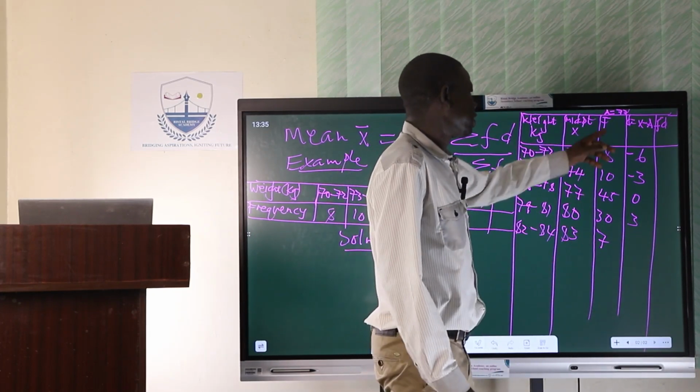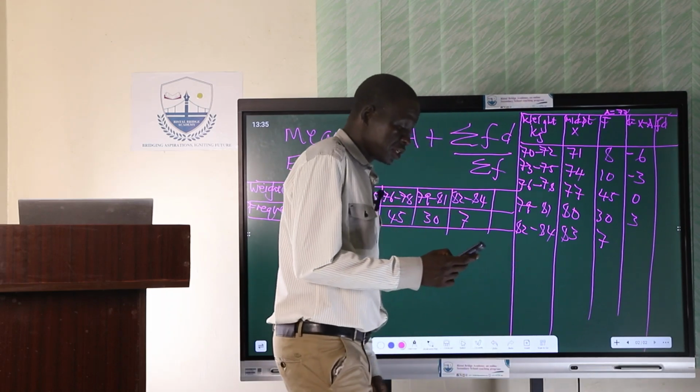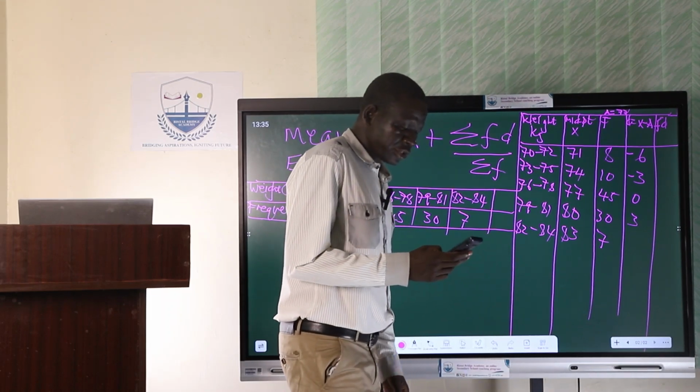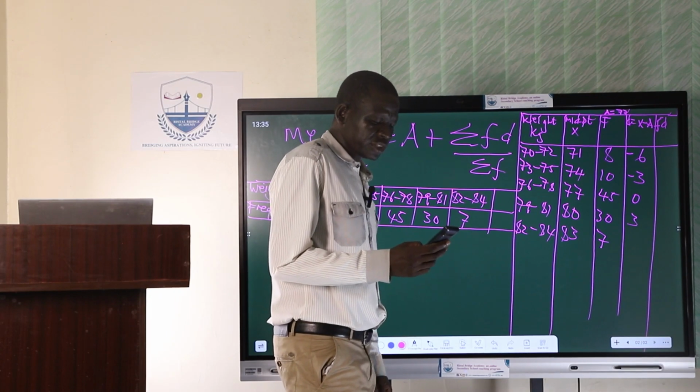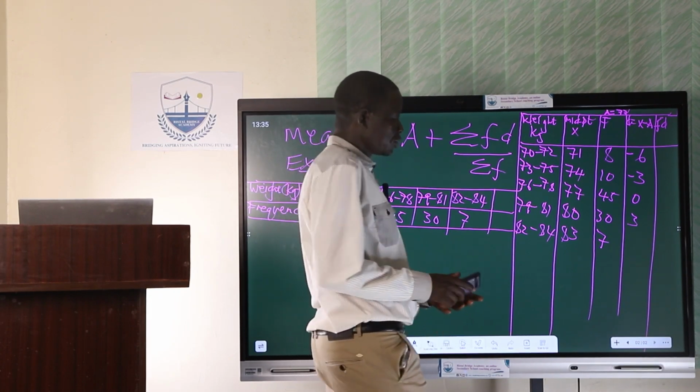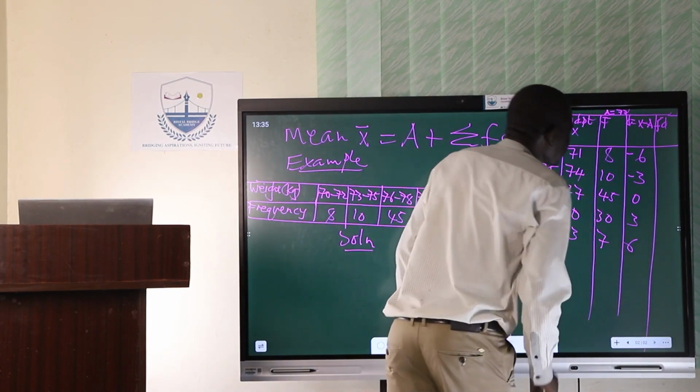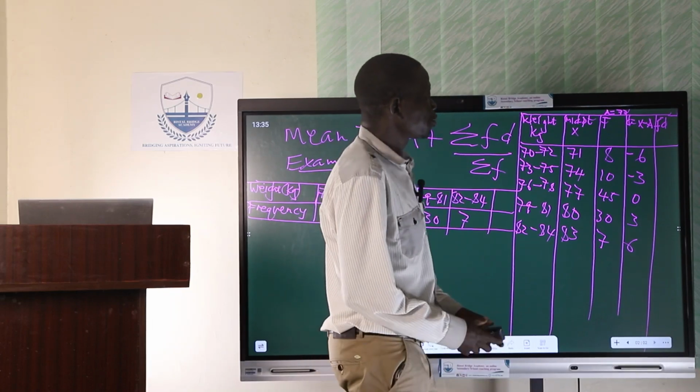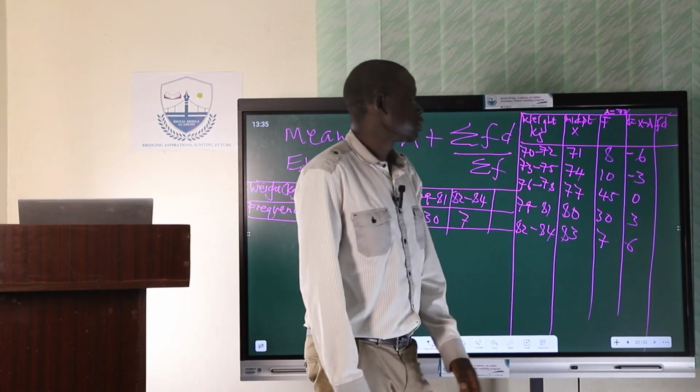And 83 minus 77, we get 6. So these are the values of deviations.